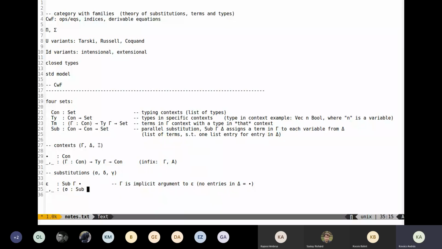So if we have a substitution from gamma to delta, and we have a term in gamma with type A of sigma, but I will also write out the type of A in a moment. Then we have a substitution from gamma to delta extended with A.